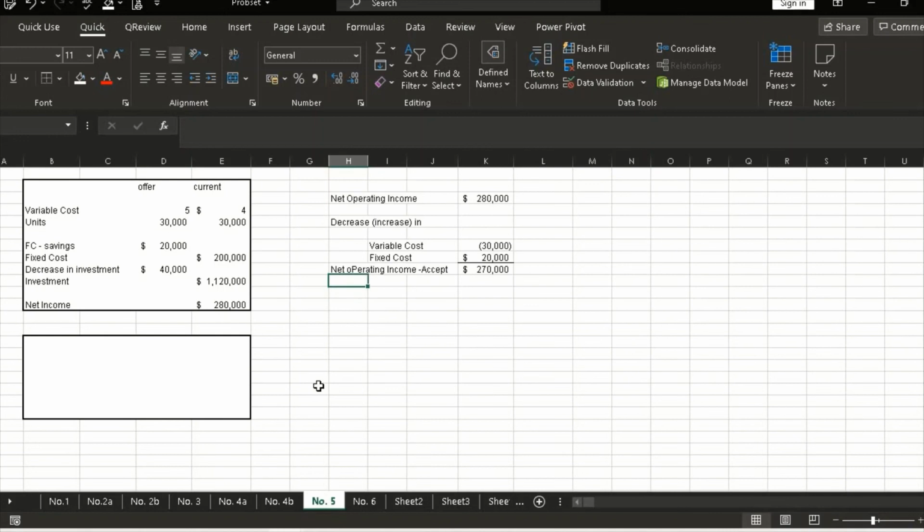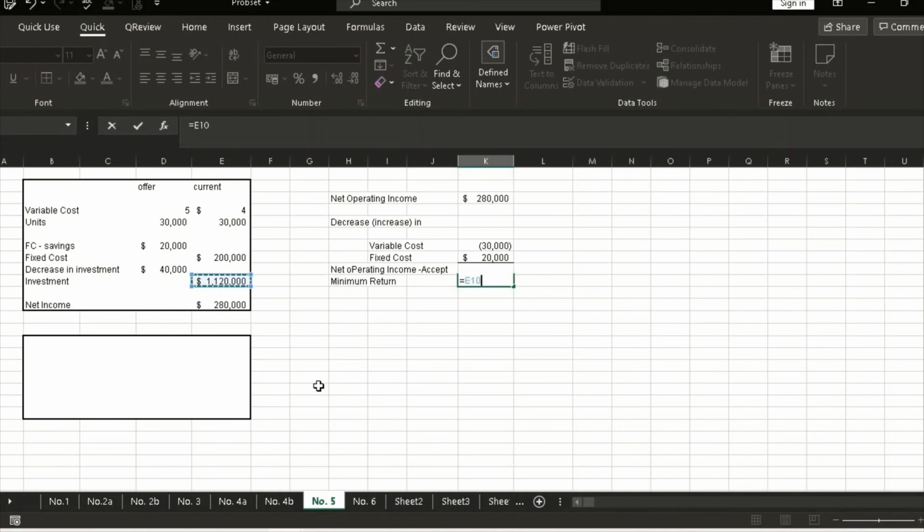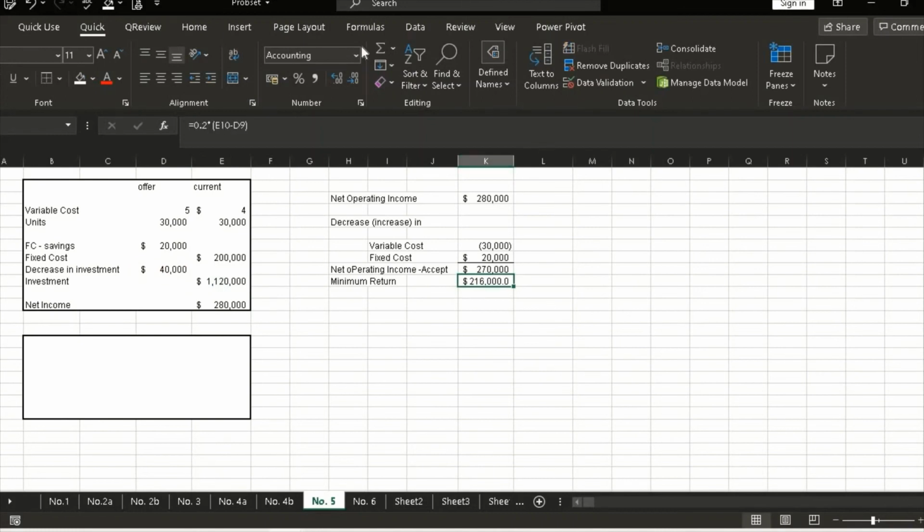From that 270,000, we are to deduct the minimum return, which is computed by multiplying 20% by the level of investment adjusted by the decrease due to accepting the offer. So that is 1,120,000 minus 40,000 multiplied by 20%. That is 216,000.